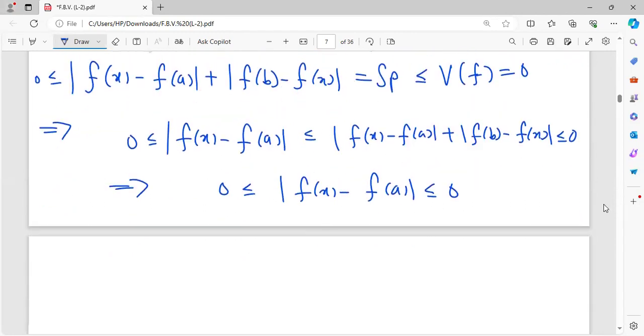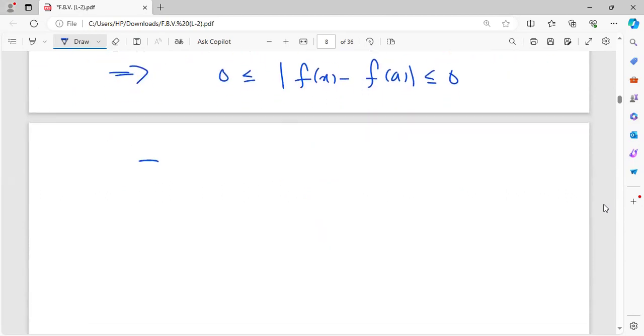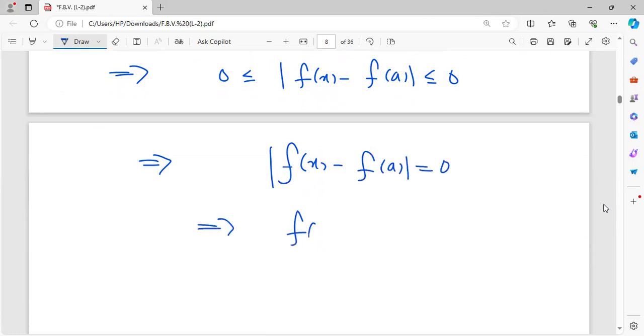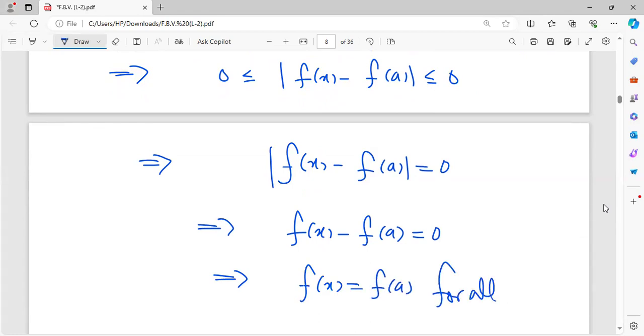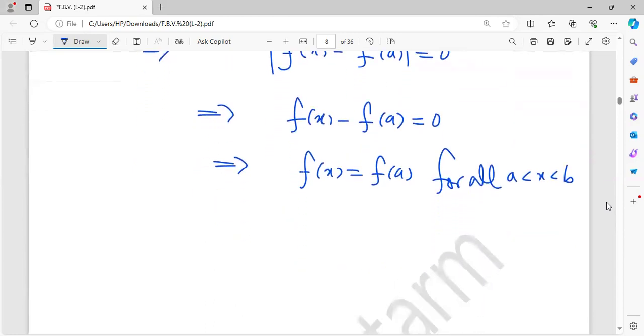So what does it mean? It means f(x) minus f(a) is 0. This implies f(x) is equal to f(a) for all x in this range, equation number 2. But we already proved that f(b) is equal to f(a), equation number 1.